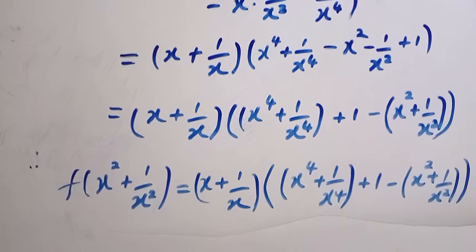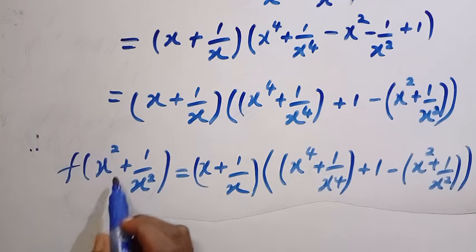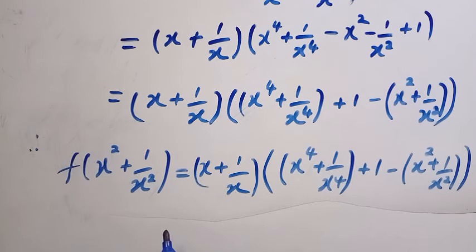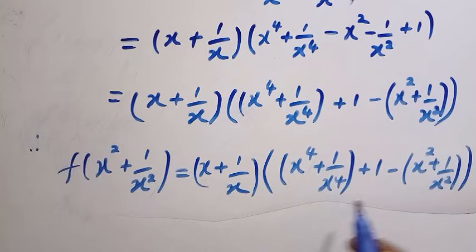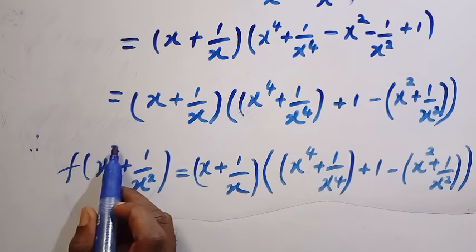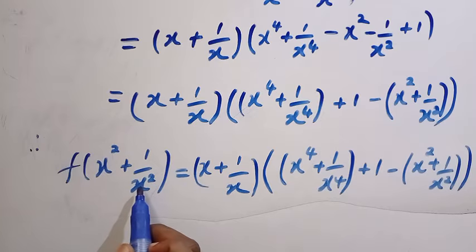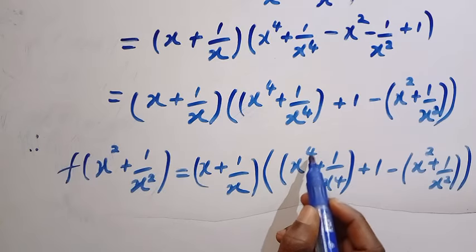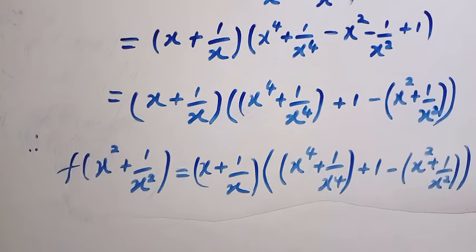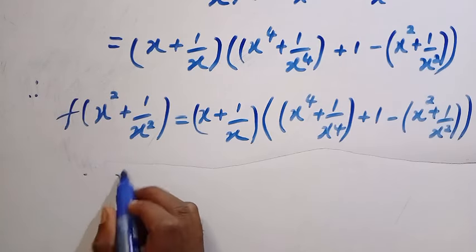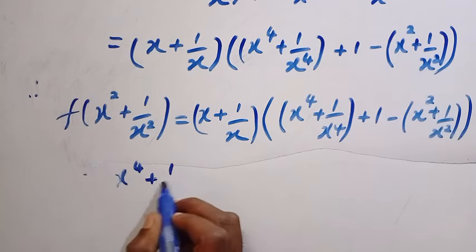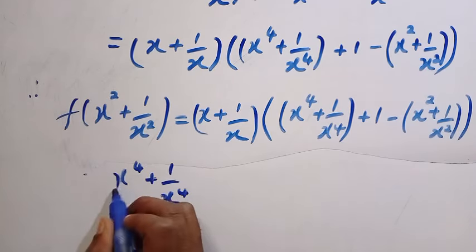Then we have to consider that this is the domain. We have to do some little manipulation here. We want to make everything on this side have x^2 + 1/x^2, being the first method I'm going to be applying here. So let's start from x^4 + 1/x^4.